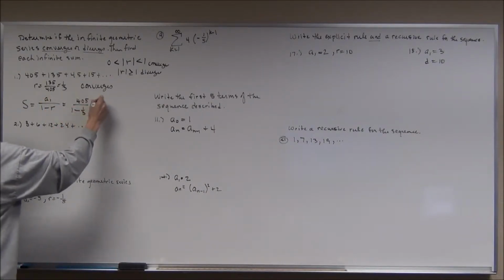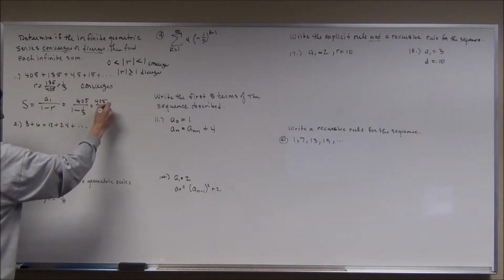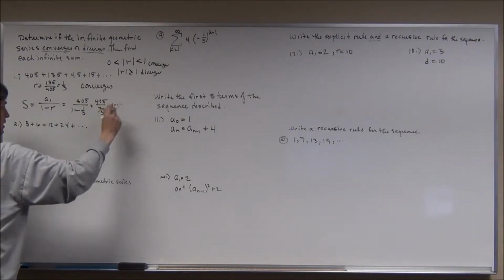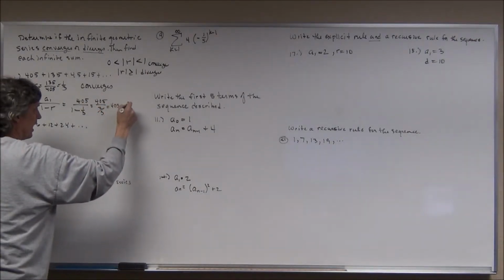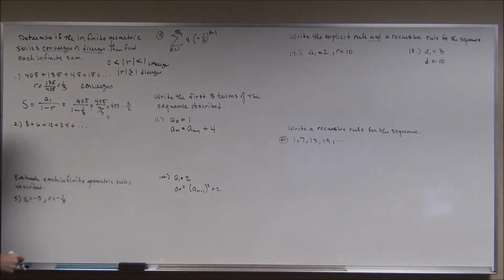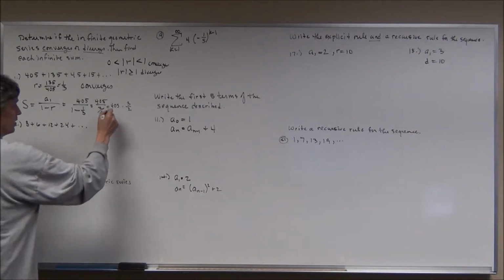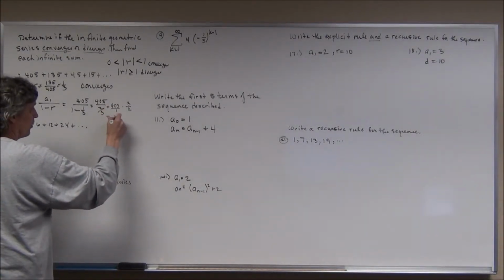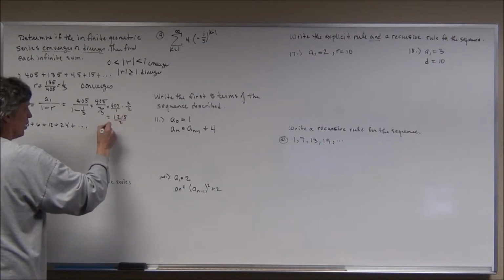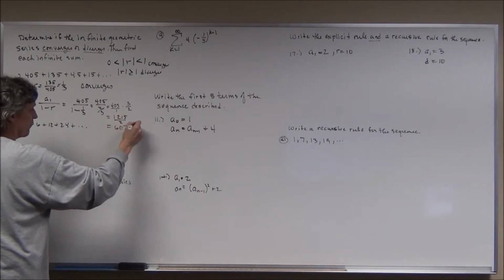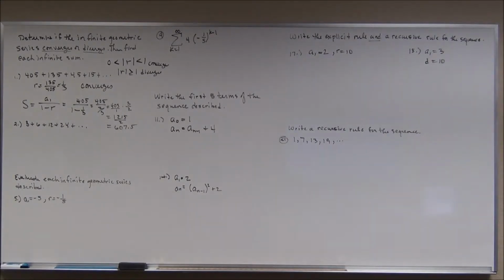So this is 405 divided by 2/3, which is 405 times the reciprocal, which is 3/2. Well, it doesn't come out to be a nice neat integer, but that's okay. That would be 1215 over 2, or 607.5 if I didn't mess up. And that's what all those terms are going to add up to be. Even though it goes on forever and ever, that's the limit.